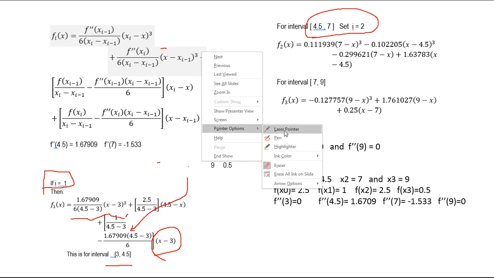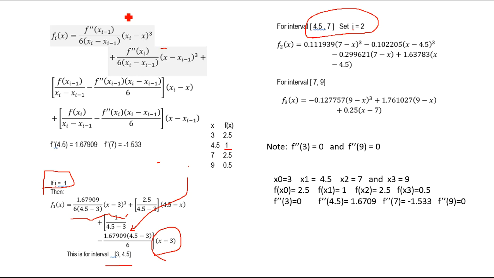So, ito magiging f double prime of x sub 1 over, halimbawa, 6 times x2 minus x1, and you know that these are the values, no?